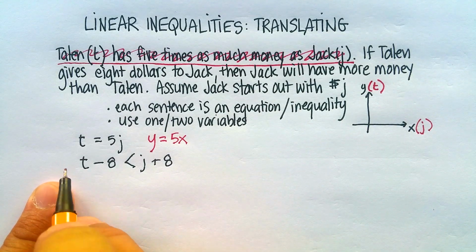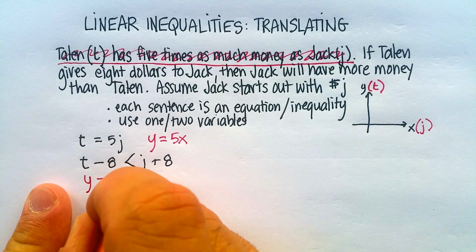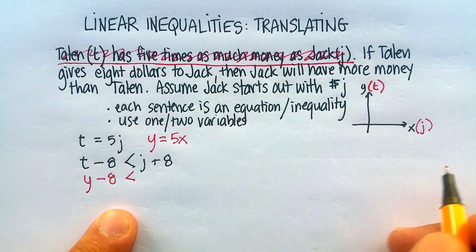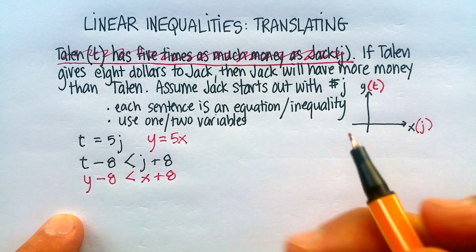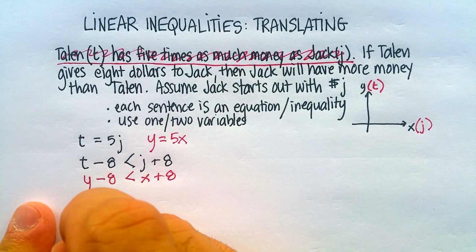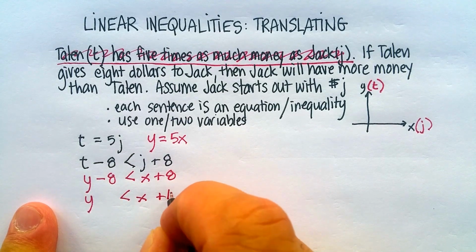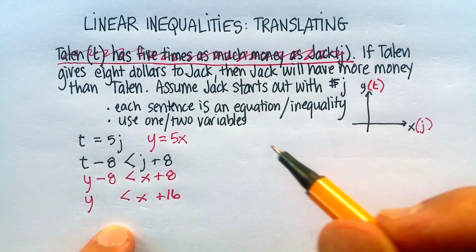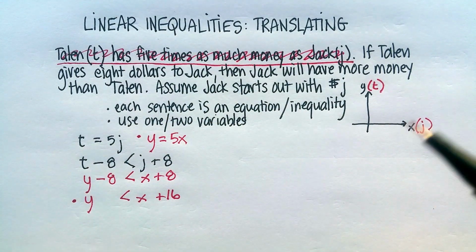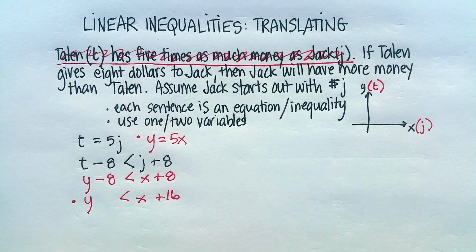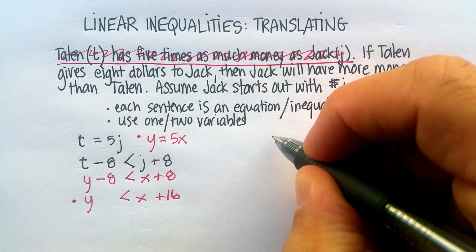T, again, Y, minus 8 is less than X plus 8. And if I move the 8 over here, I get Y is less than X plus 16. Now, I did that because I wanted you to see these two inequalities and equations. That makes this easier to actually graph, doesn't it?